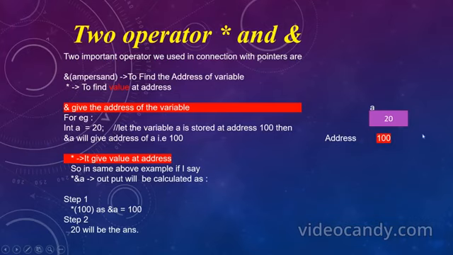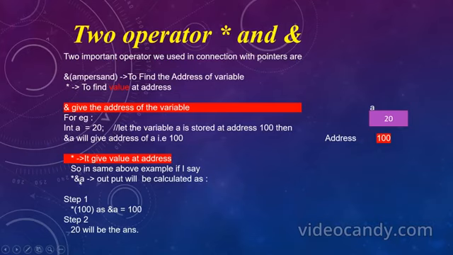Now if I want to find out the address of the variable, I will use ampersand a, and ampersand a will return me 100, that is the address of variable a. If I want to get the value 20 using pointers, I will do star ampersand a.